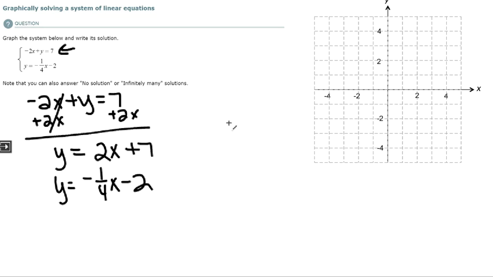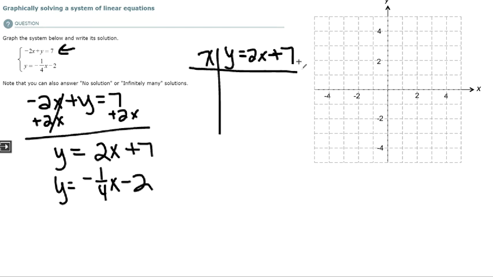So now what I'm going to do is make a table of values for each one of these. Let's do the first one. Okay, so I want to choose values that will fit on here.